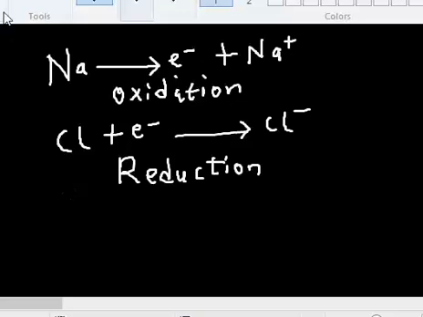A reducing agent, let me start with the reducing agent, is an agent that actually causes reduction. Just simple. A reducing agent is an agent that causes reduction.